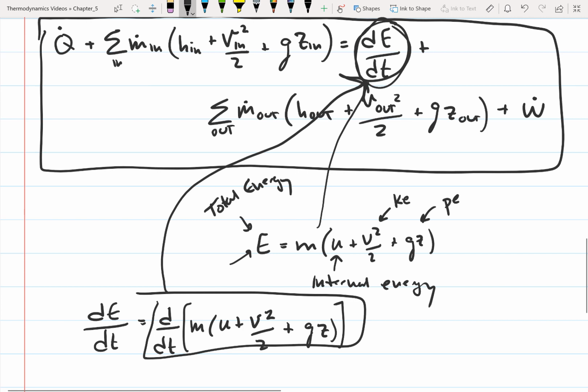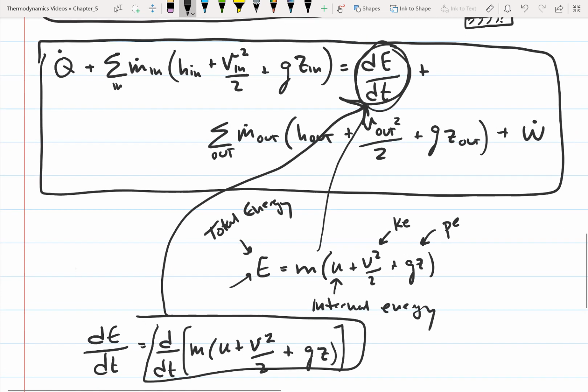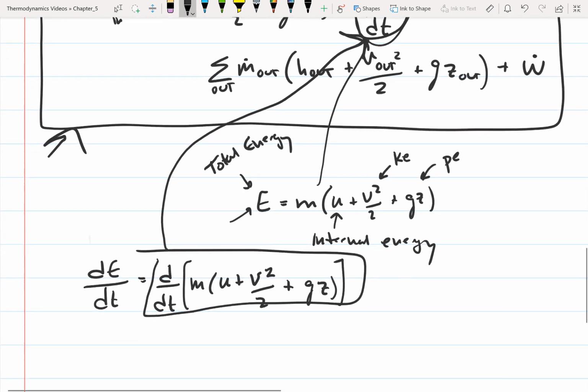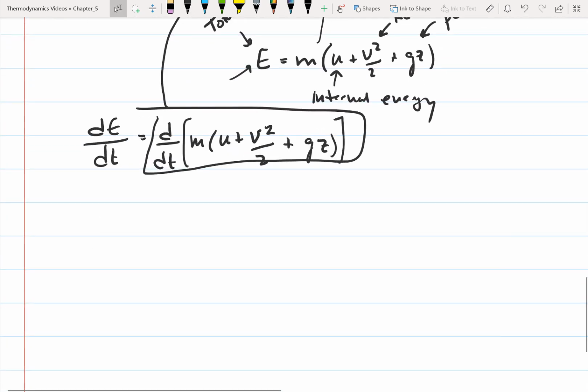What I want to do now is integrate this first law equation with time. I'm going to go through all of the terms in this equation and integrate them with time. First of all, we have q dot, and remember this is just dQ/dt.